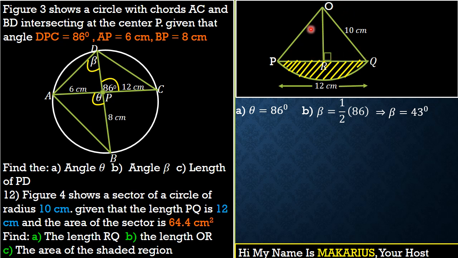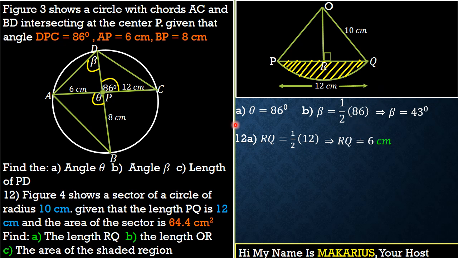It therefore means that R has to be the midpoint of the line PQ, so OR divides PQ into 2 equal halves. So if PQ is 12 centimeters, RQ has to be half of 12, which is simply 6 centimeters.